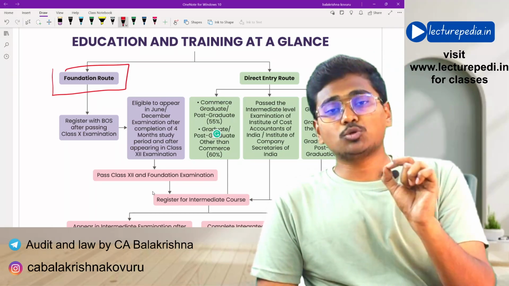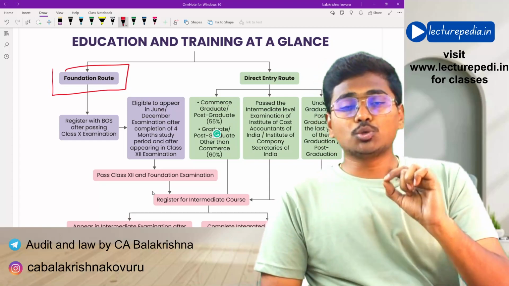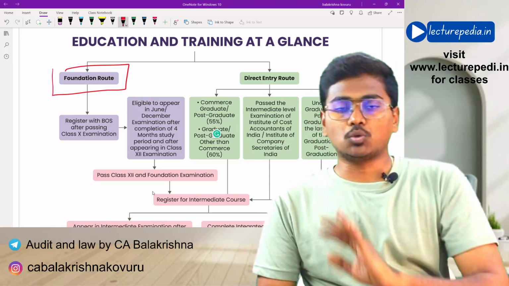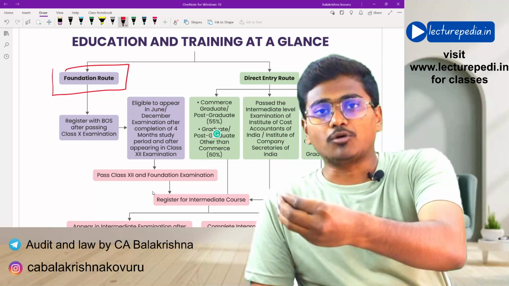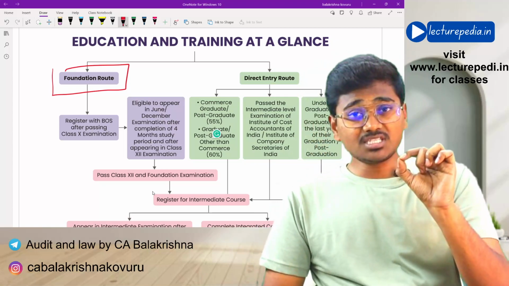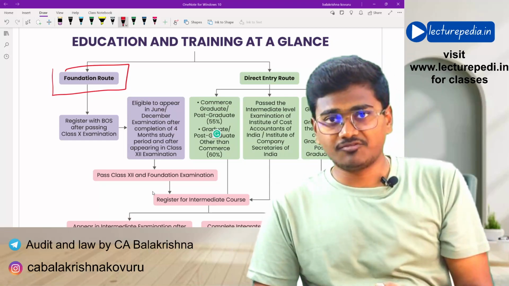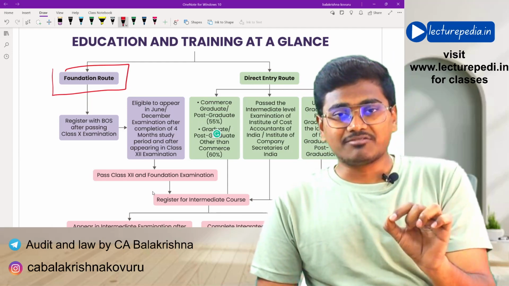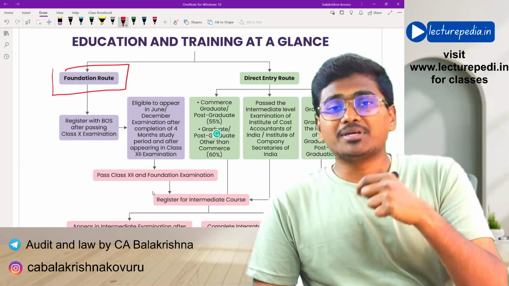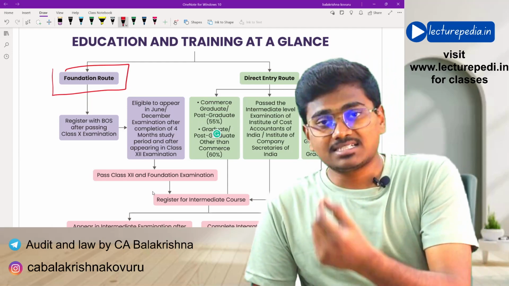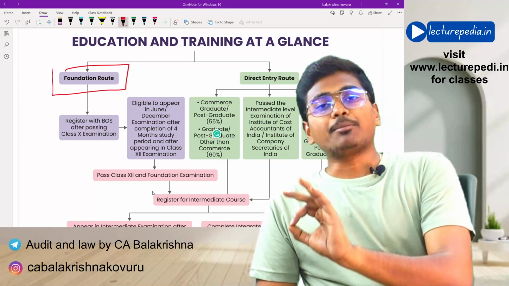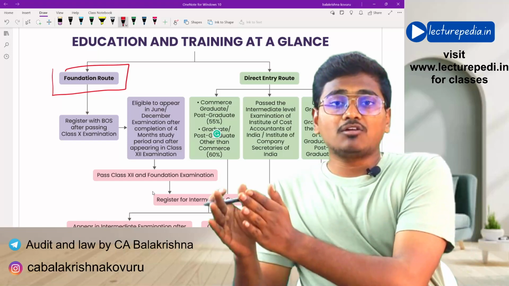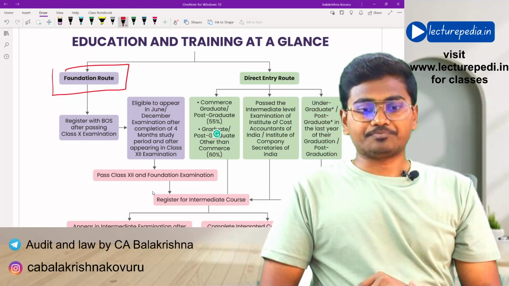After that, you can register with BOS to join the CA course and to give your foundation examination. After registering, you need to complete class 11th and you should also appear for the class 12th examination. Only after appearing for the class 12th examination can you appear for the foundation examination.